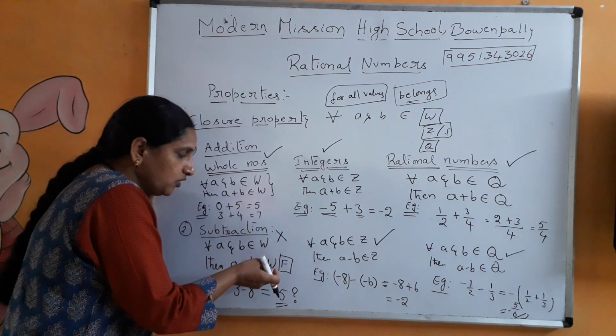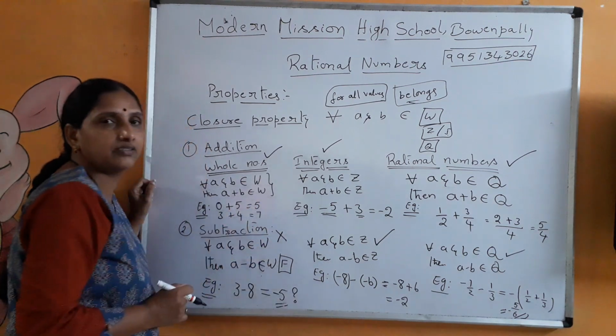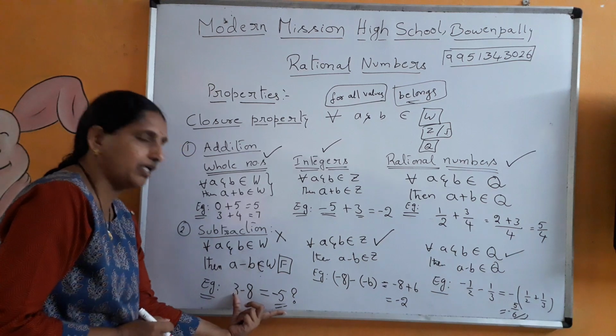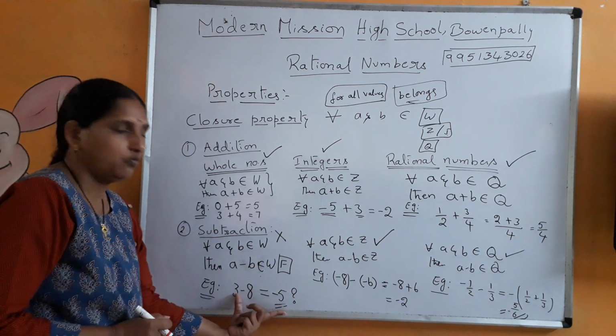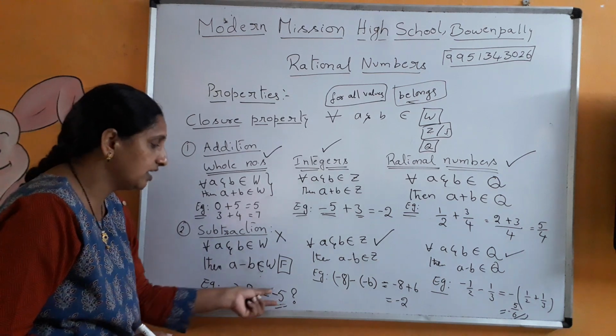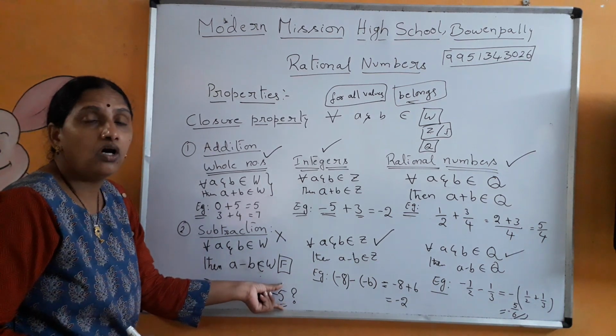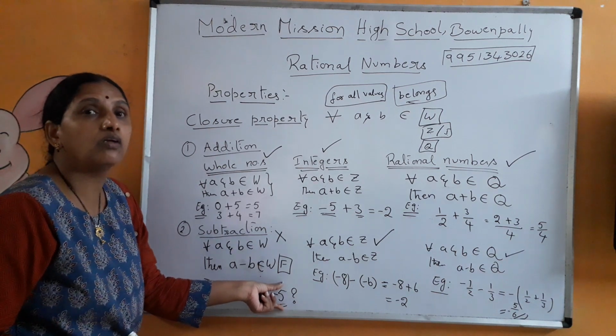So that statement is wrong, not this process. This is absolutely right. This is mathematics. What you have learnt till now, that only we are doing here. But the only thing is that we are concluding that the resultant is a whole number always. No, it is not always.